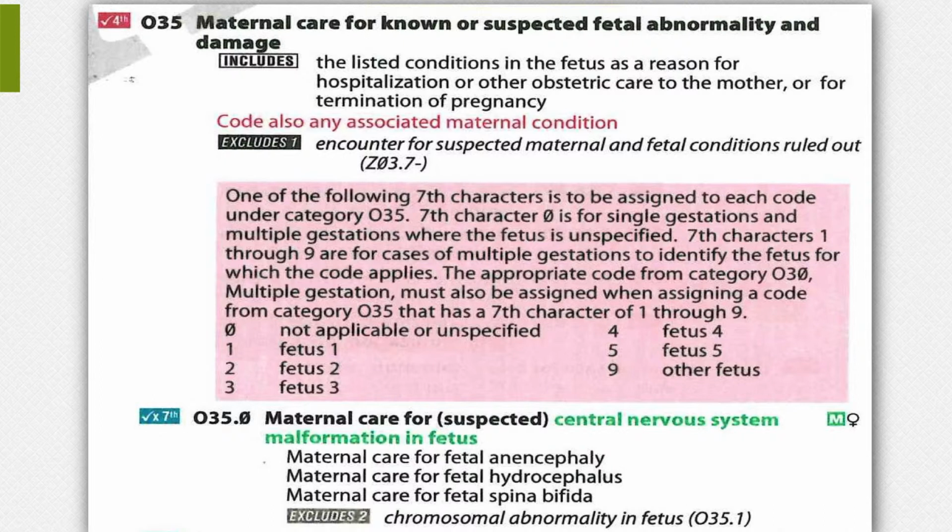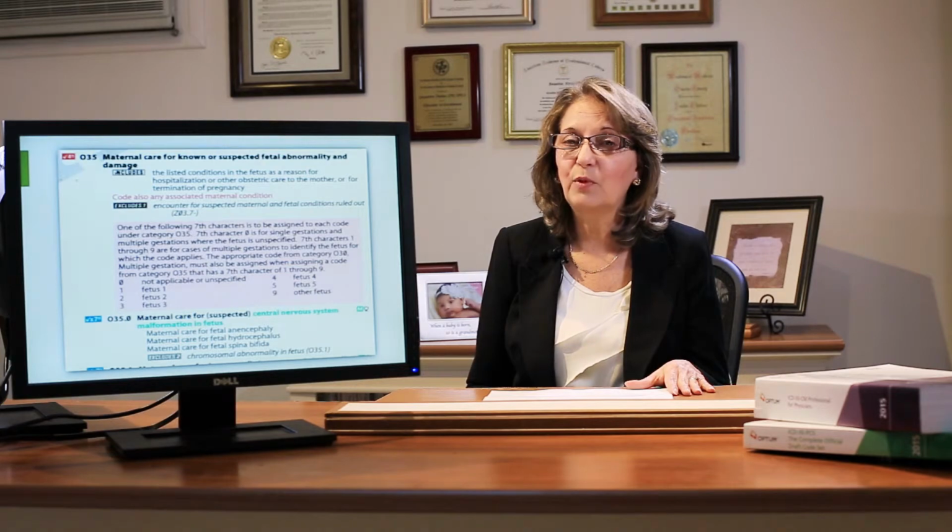Once we move down and select that 4th character, 0, which is what we're selecting here, we see the prompt to append the 7th character. That's that blue box that's in front of the code selection. And not only does it prompt us to use a 7th character, it has that check X 7th, which alerts the coder that dummy placeholders in this case would be required.